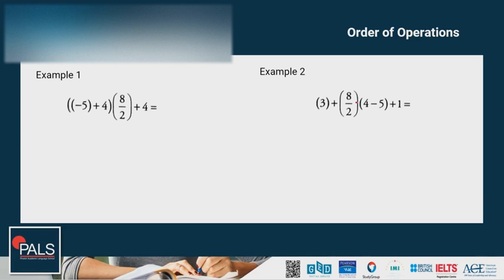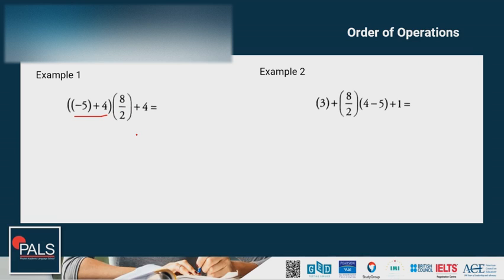So the operation inside the parentheses, we have -5 plus 4, and we can also work out the other operation enclosed by the next parentheses, which is 8 divided by 2 plus 4.